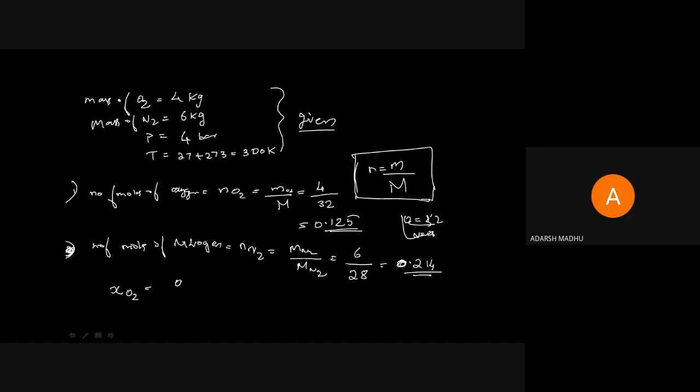That is number of moles of oxygen divided by total number of moles of mixture. Total number of moles is 0.125 plus 0.214, that is, number of moles of oxygen plus number of moles of nitrogen. And the mole fraction of oxygen means number of moles of oxygen divided by total number of moles.